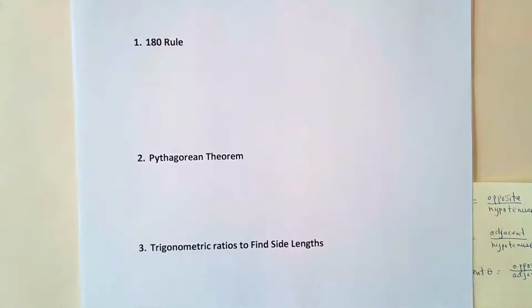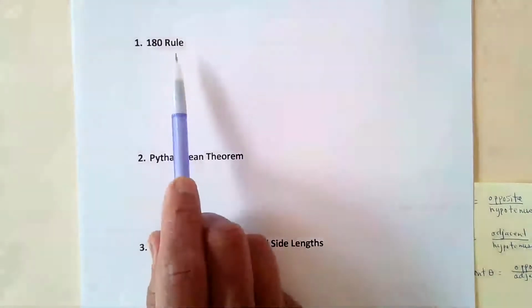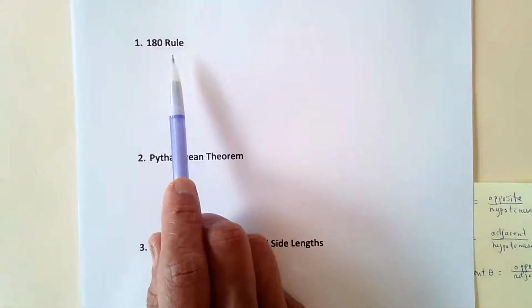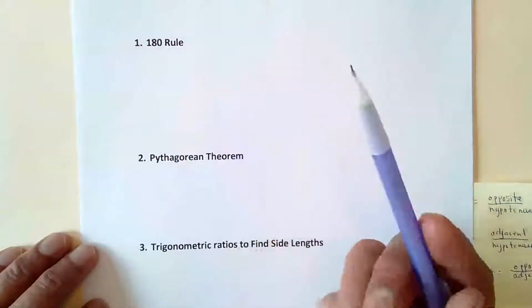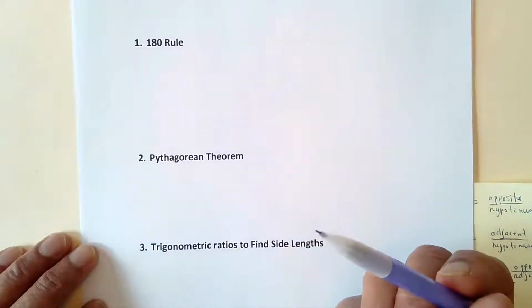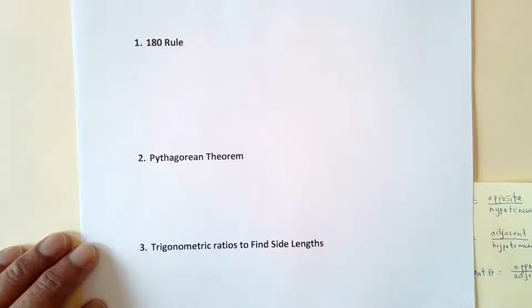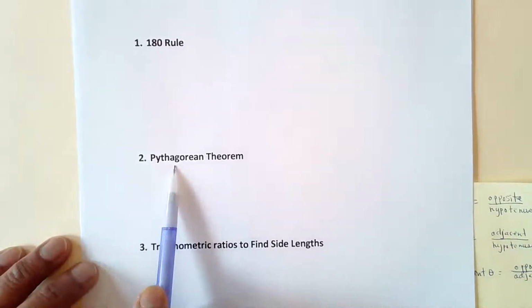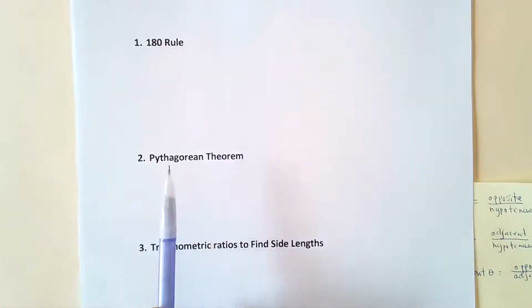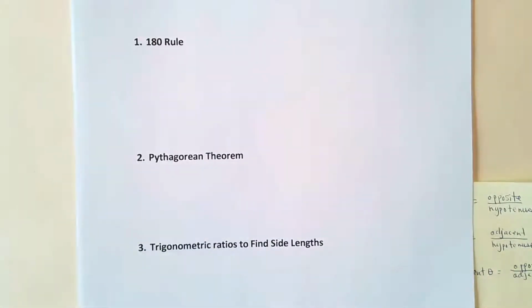In lesson 1, we looked at the 180 rule, which says that the sum of the angles of any triangle is 180 degrees. Then we looked at the Pythagorean theorem: if you have a right angle triangle, the square of the hypotenuse is equal to the sum of the squares of the opposite side and the adjacent side.